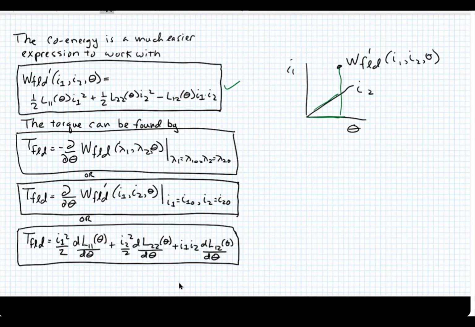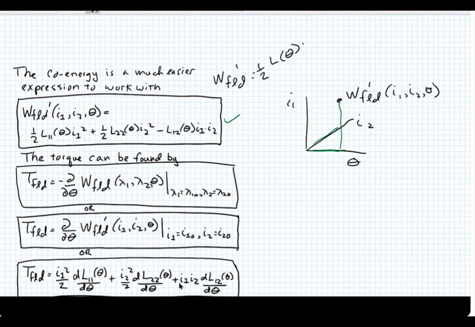So remember, the co-energy was 1/2 Li squared, and the L has to have this position dependency in order for there to be any torque. And really that's what we're after here. There is energy if you don't have position dependency, but there won't be any torque. It's just stored static energy.